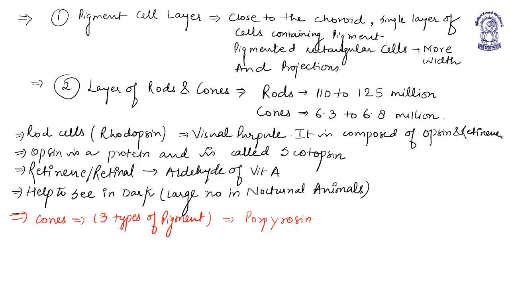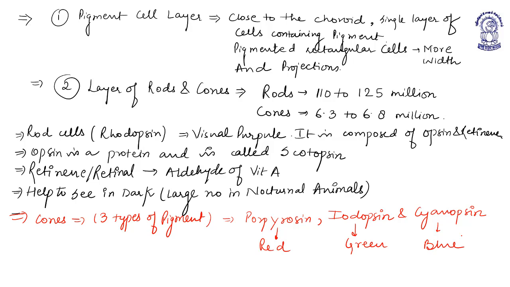The first is porphyropsin, then iodopsin, and cyanopsin, which give response to red, green, and blue light, respectively.